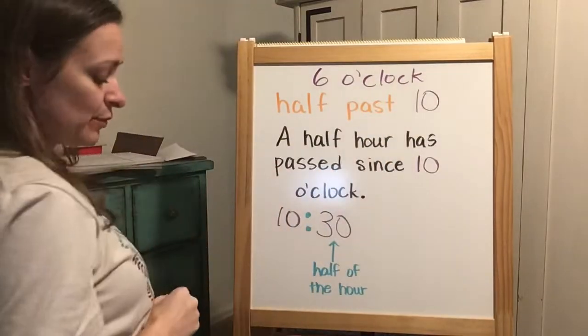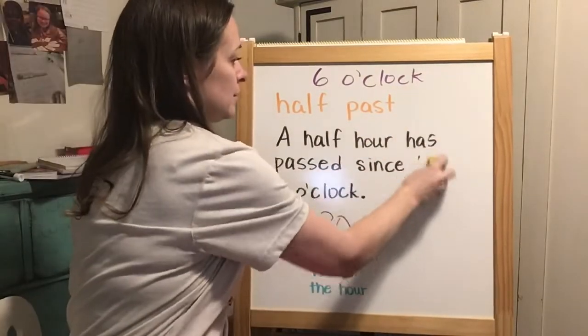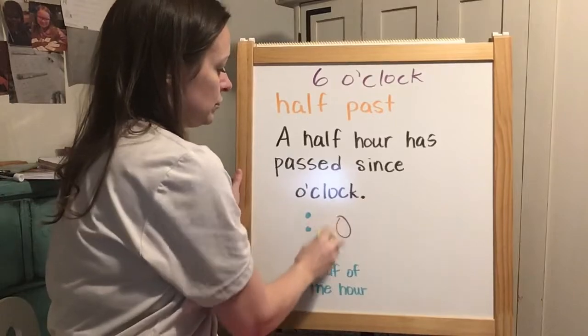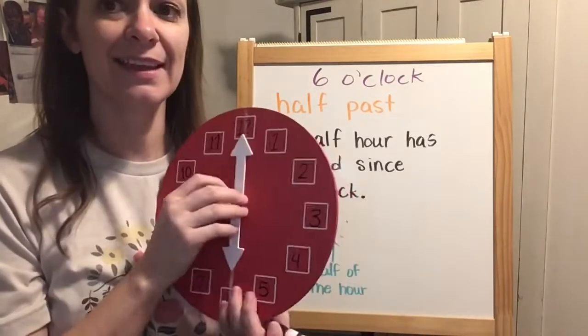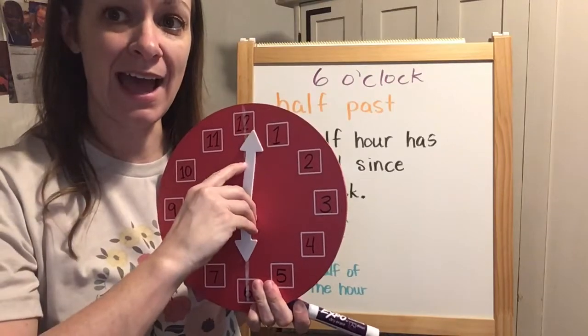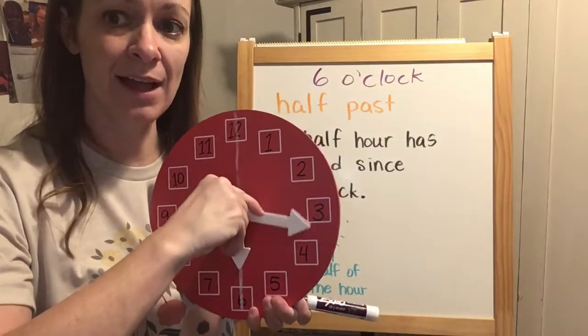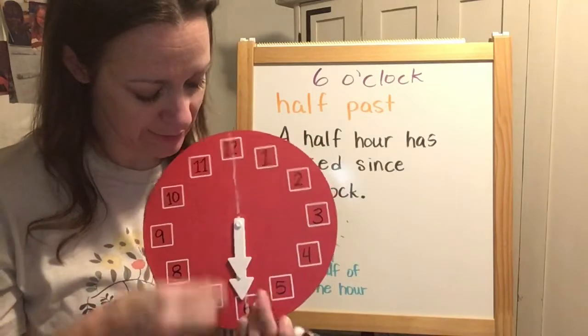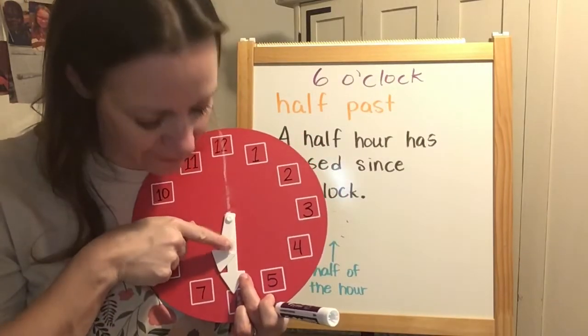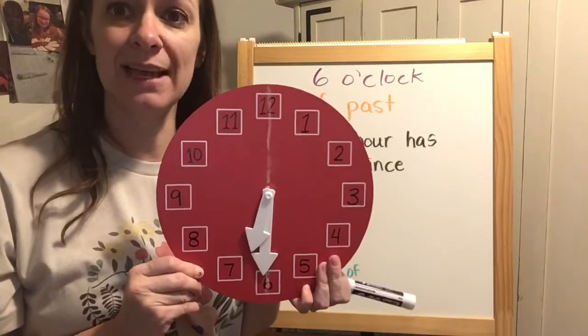Now, if I move the big hand halfway around the clock, and then my little hand will go halfway between the 6 and the 7. What time is it now?